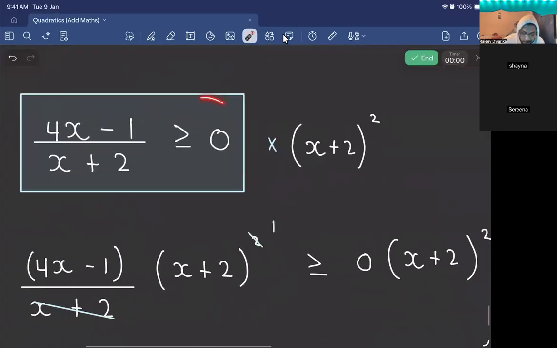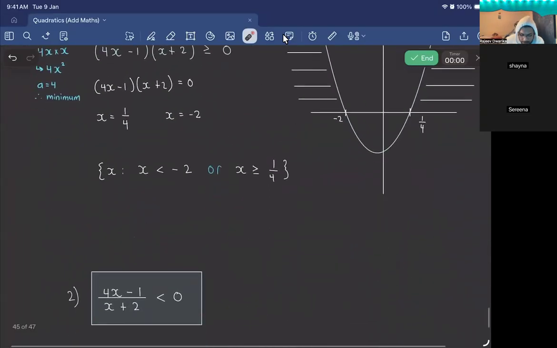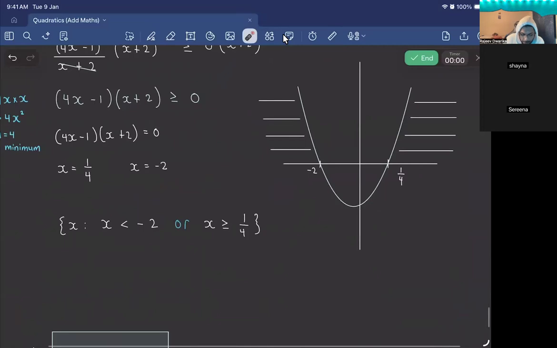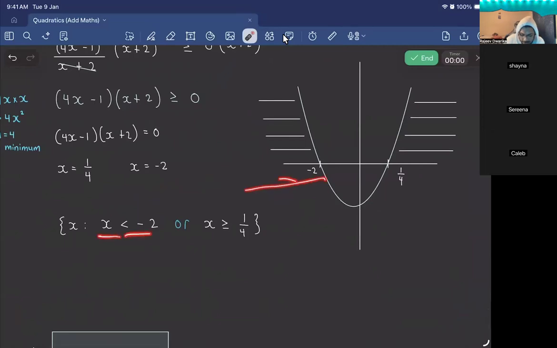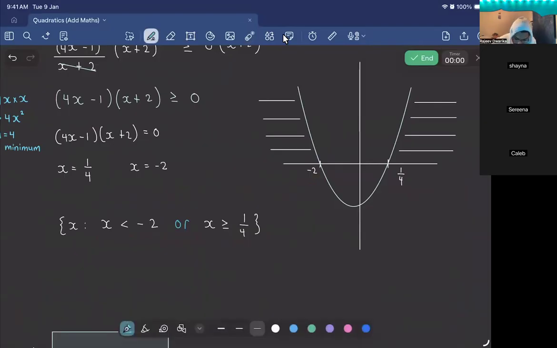Would that satisfy my inequality? Yes. So my answer would be x is less than minus 2, because it's in this direction, or more than a quarter. Let me know if you understand that. Yes, sir. That was easy? Yes, sir.